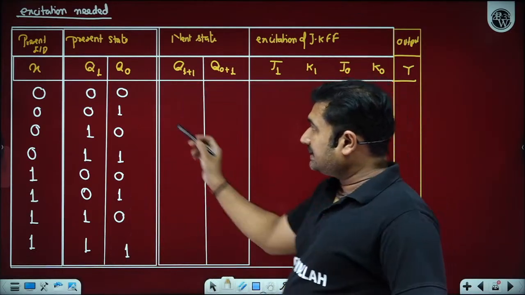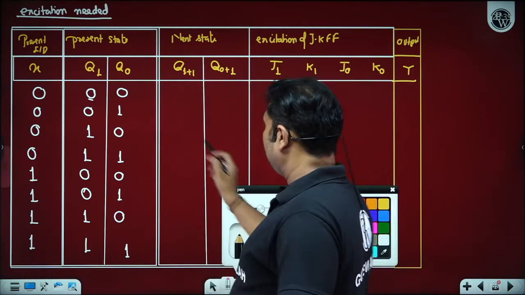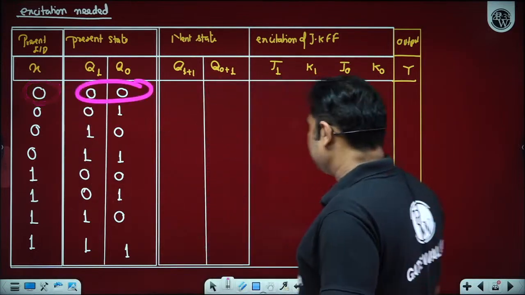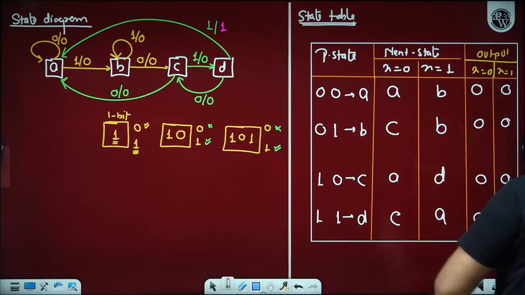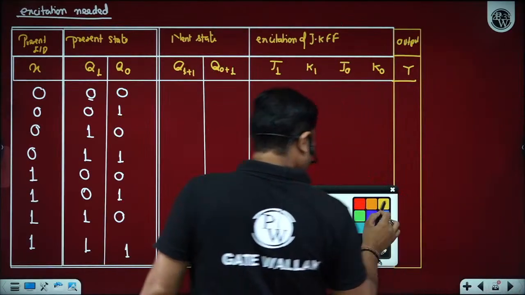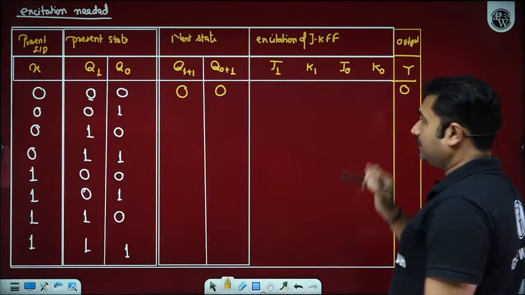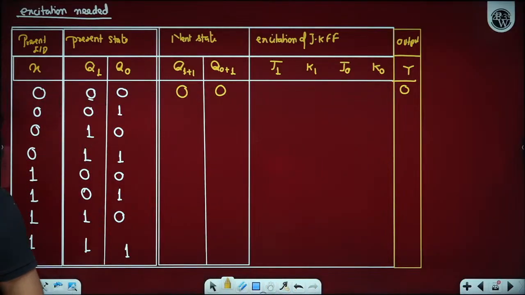If the present state is 00 and x is equal to 1, the next state is A, the 00 state, and the output is 0. With present state 01 and x equal to 0, the next state is C, the state 10, output 0.